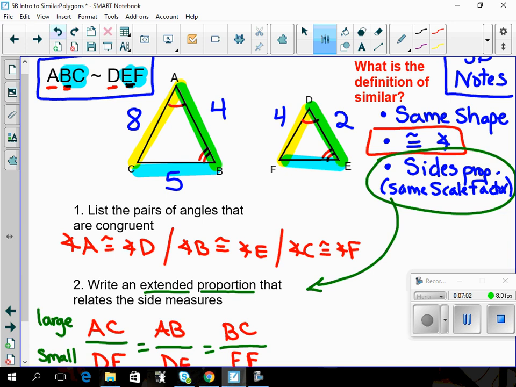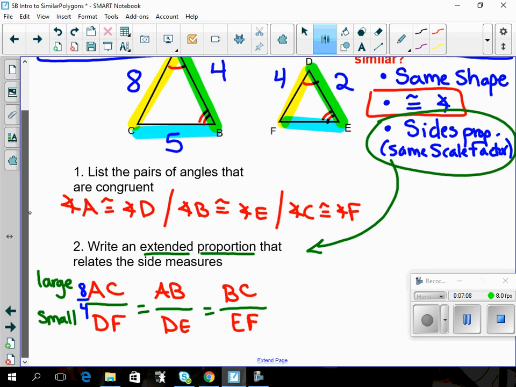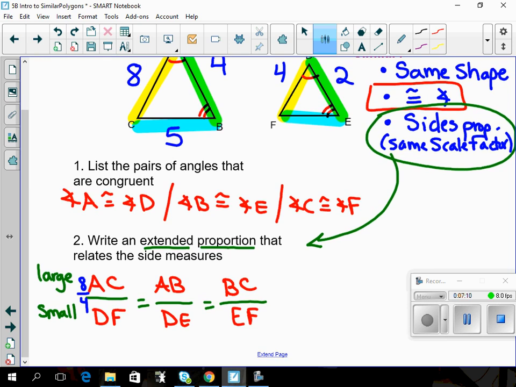So in other words, 8 divided by 4 has to be the same as 4 divided by 2, which has to be the same as 5 divided by... So what is 8 divided by 4? 2. 4 divided by 2 is 2. 5 divided by 2.5 is 2. So we know that this would have to be 2.5. They have to have the same scale factor.